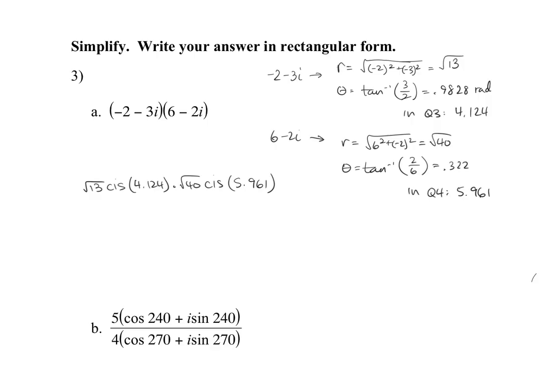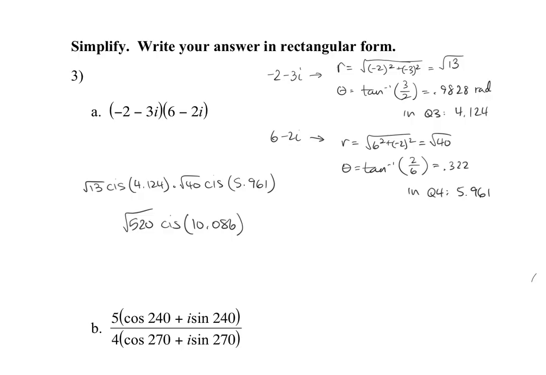So when you multiply two complex numbers in polar form, you multiply the two moduli together. So the square root of 13 times the square root of 40, if you multiply 13 times 40, that's the square root of 520. And then you add the two arguments together. So 4.124 added to 5.961 gives 10.086.